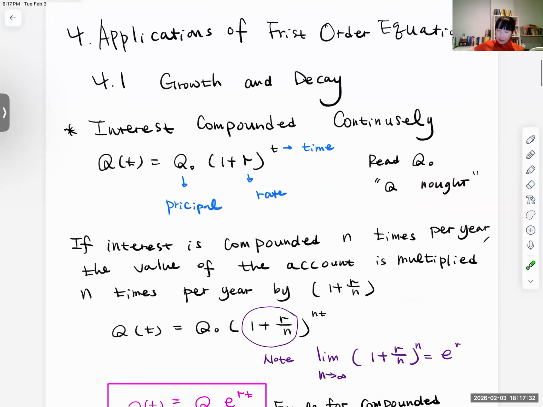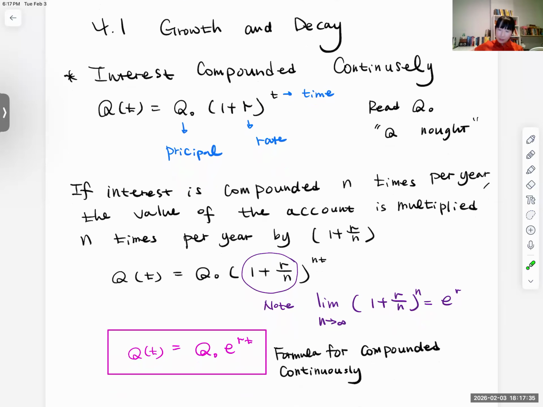Okay, then if the interest is compounded n times per year, the account is multiplied n times per year by 1 plus r over n.